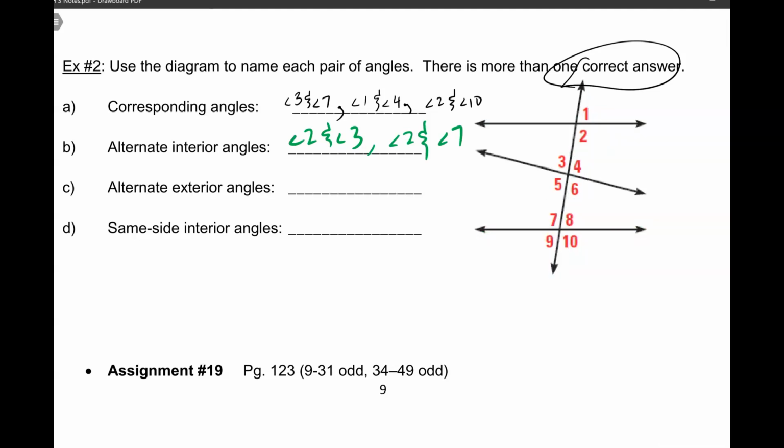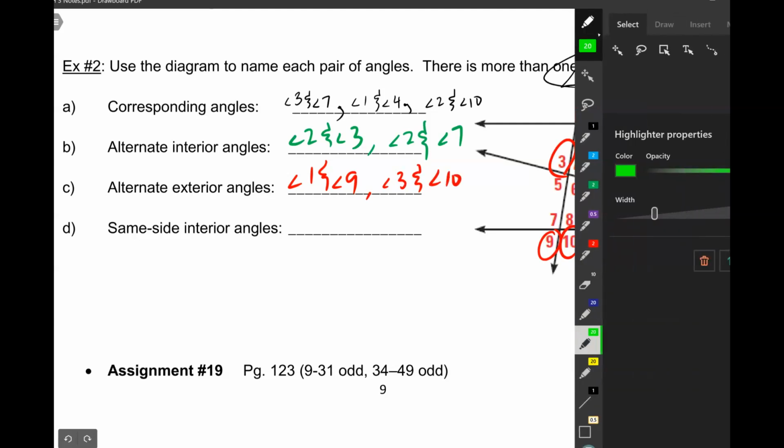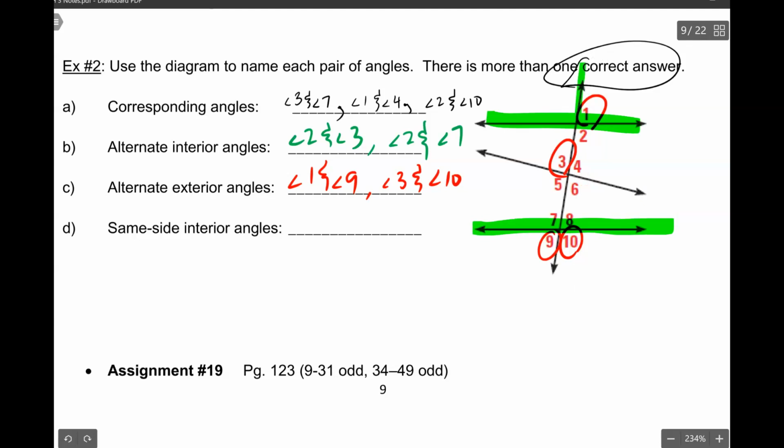There's lots of examples. Alternate exterior angles. So I say 1 and 9. I could say 3 and 10. Because for the first example, I was using these two lines and that transversal to determine which ones were exterior.